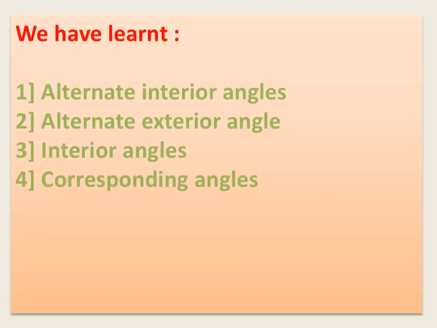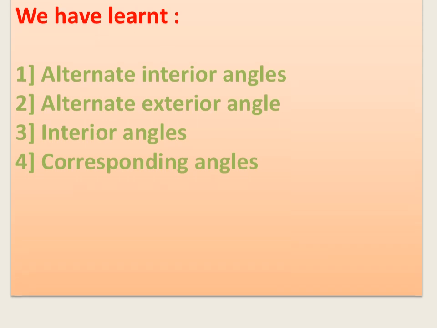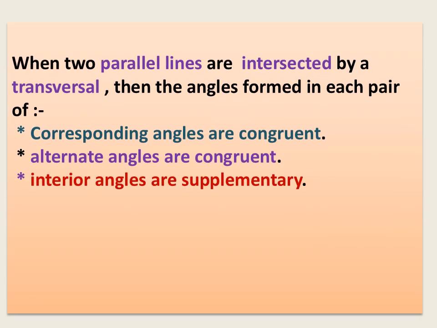Students, in this we have learned about first, alternate exterior angles, second, alternate interior angles, third, interior angles, and fourth, corresponding angles. Let us learn about the properties of the angles formed by parallel lines intersected by the transversal.